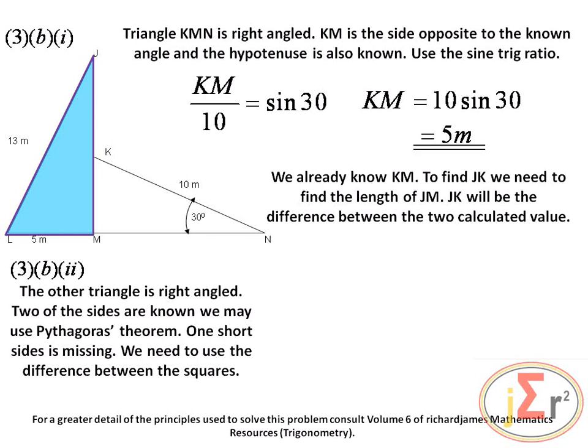In doing so, they may make a mistake if one of the short sides is required. And of course, we already know that if we need to find one short side, we subtract the other one from the square of the hypotenuse. That is discussed in detail in Richard James Mathematics Resources, Volume 6, Trigonometry.